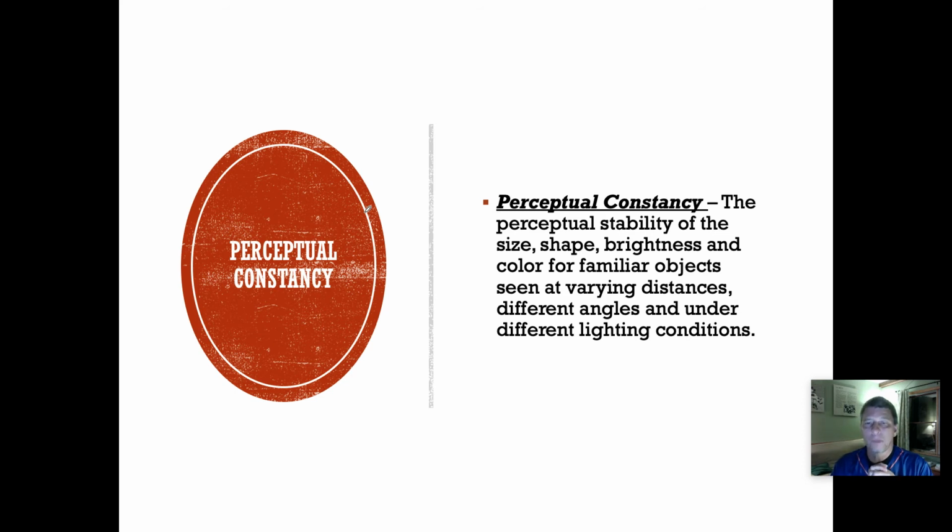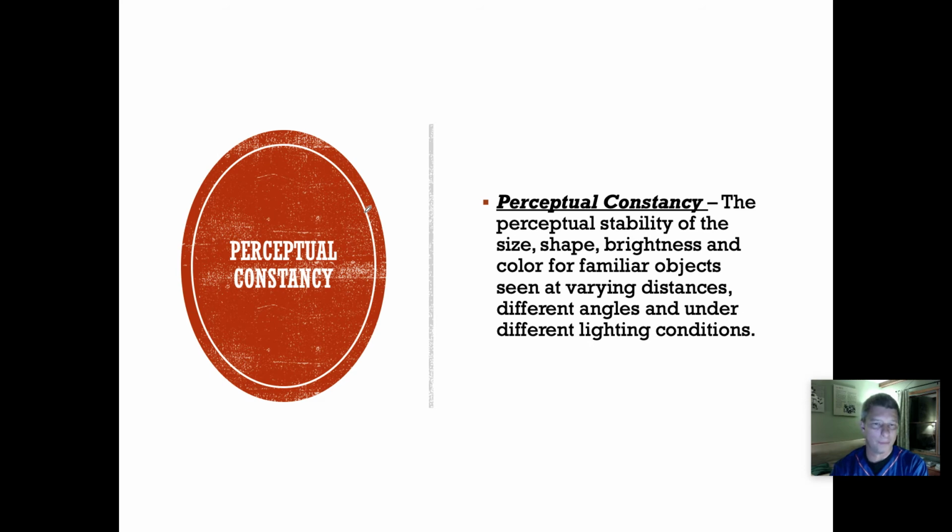Now, the next concept, perceptual constancy. This is the perceptual stability of the size, shape, brightness, and color of familiar objects seen at varying distances, at different angles, and under different lighting conditions. If you see a lion under bright light and at a certain distance, you see this shape.